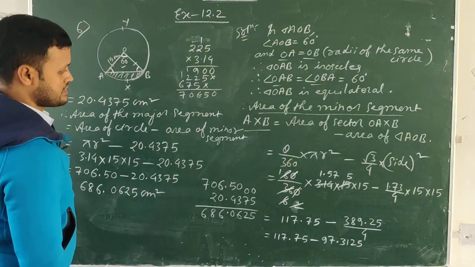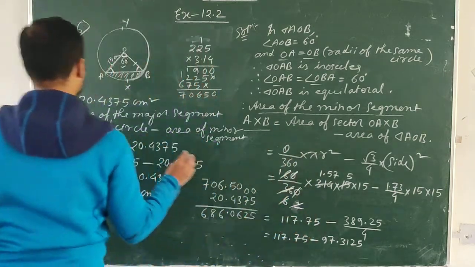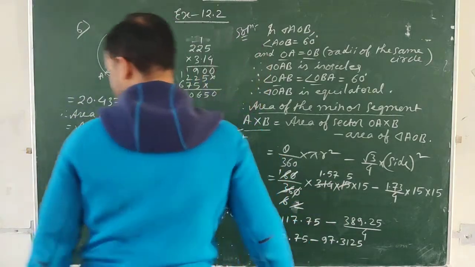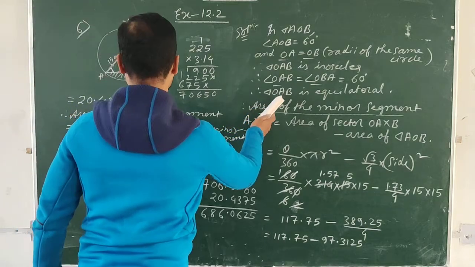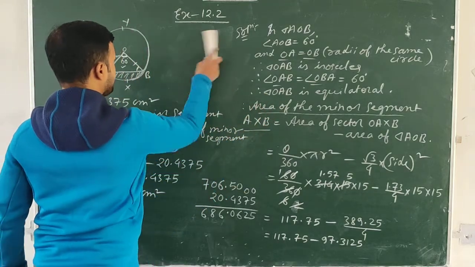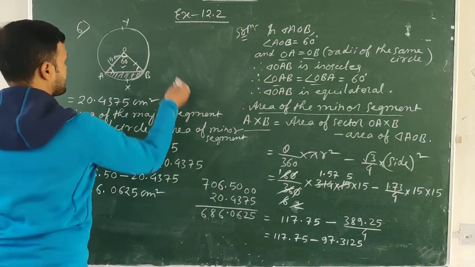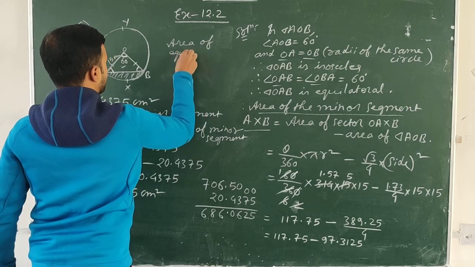So area of sector, what is the formula? Theta by 360 into pi r square. And triangle OAB, we just came to know, is an equilateral triangle, isn't it? So what is the formula for the area of an equilateral triangle?